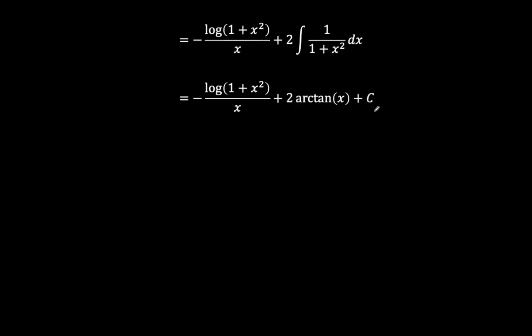And then obviously we have the integration constant here. So this is our answer, negative natural logarithm 1 plus x squared over x plus twice the arctangent of x plus the integration constant. This is the answer. It was simple, straightforward, but all the same interesting.